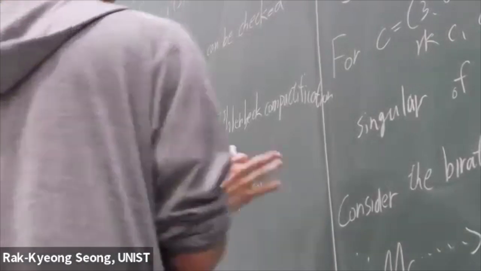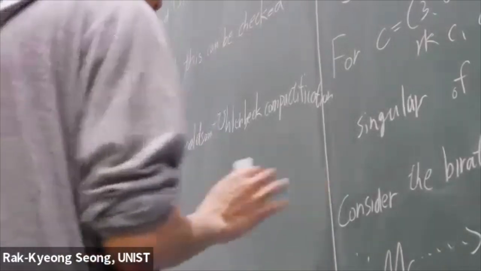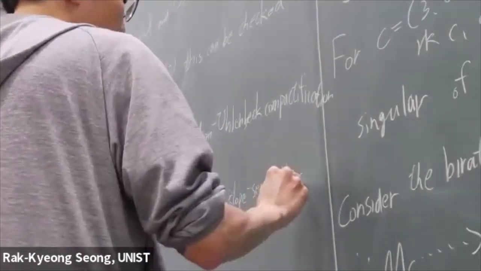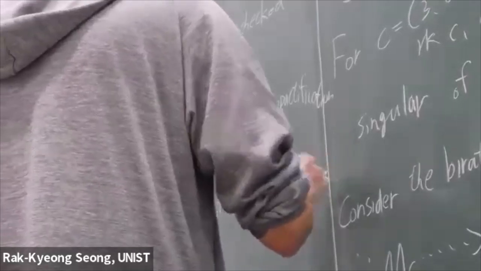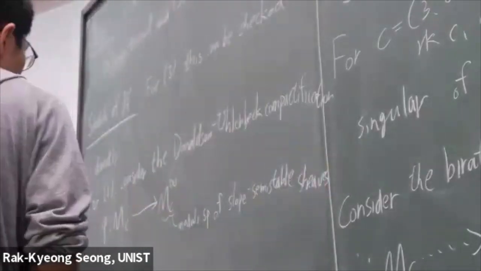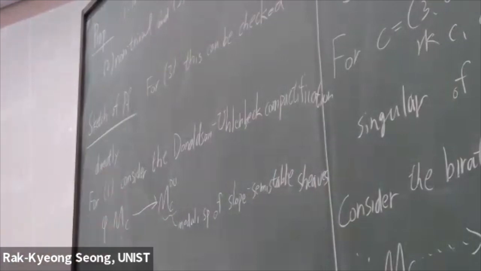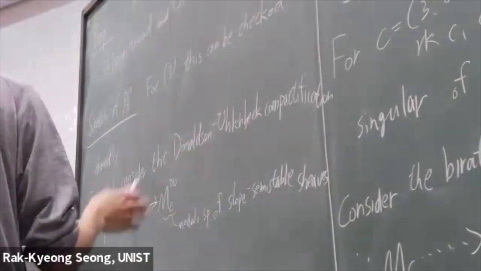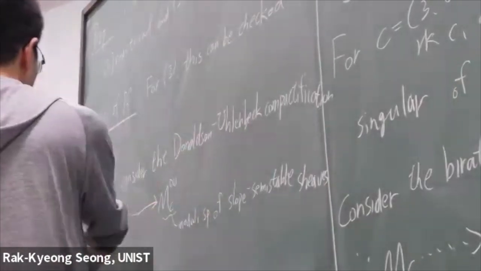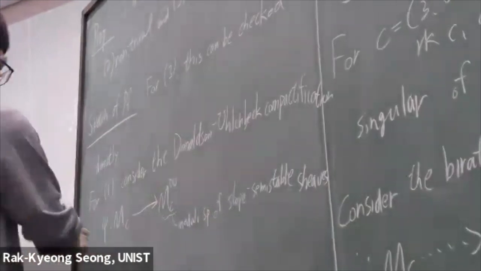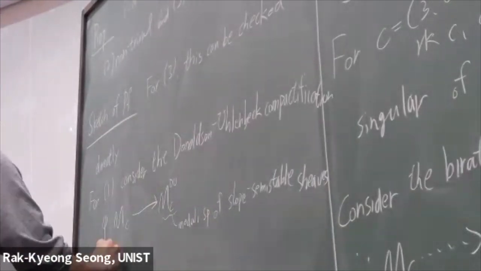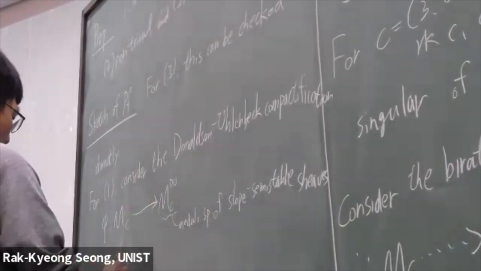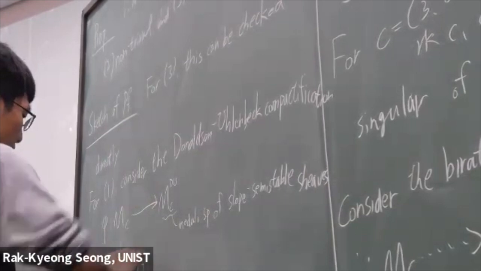So there's another notion of stability other than Gieseker stability. This moduli space is a space of sheaves modulo some weaker equivalence relation, so this is a bit smaller compared to M. This is in fact the birational morphism, and we consider the exceptional locus of this birational morphism.